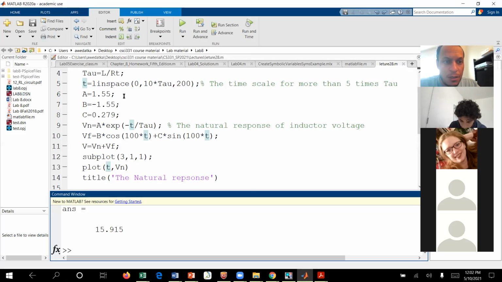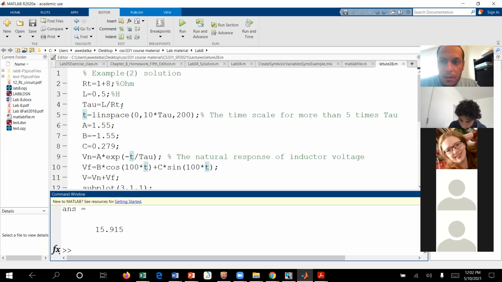Can you look at the MATLAB code? Can you see the code, right? Yes. Okay. So here is our total R Thevenin, so 1 ohm plus 8, those two series resistances that I have. And the L I have 0.5. Here is the tau, L divided by R total. And I set the time.